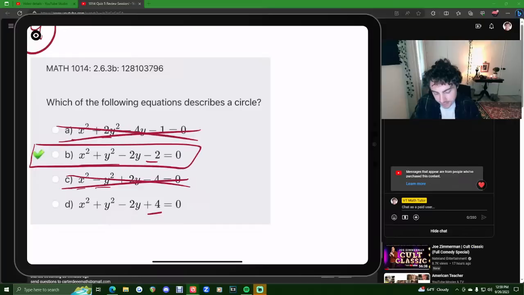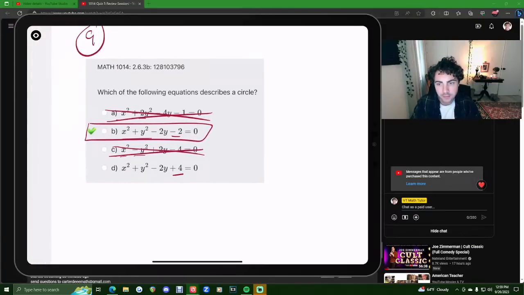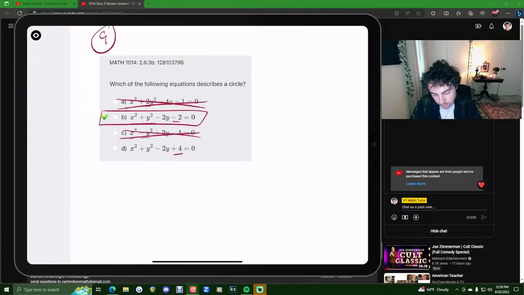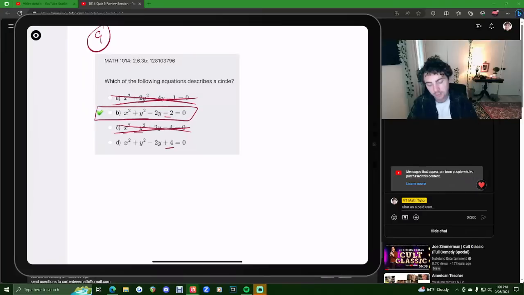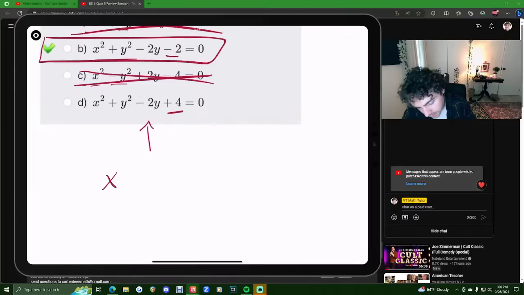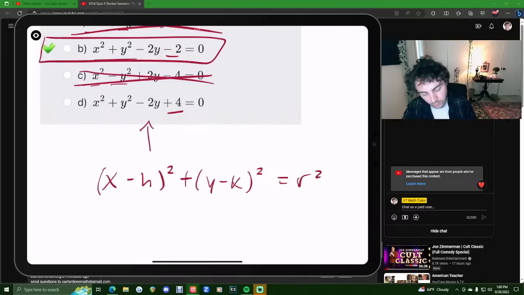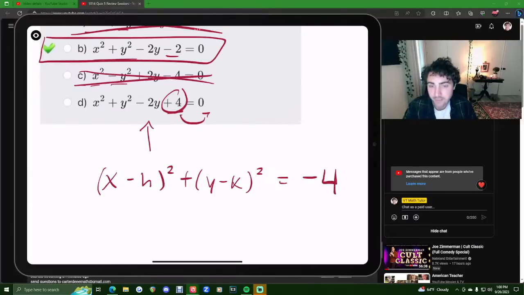And it has to do with, if you were to complete the square for these and basically rewrite this equation, B would work out and D would not. Because if you rewrote D and tried to get it into the form x minus h squared plus y minus k squared equals the radius squared, because you have a positive number here, once you move it to the right side, it's going to be some negative number.